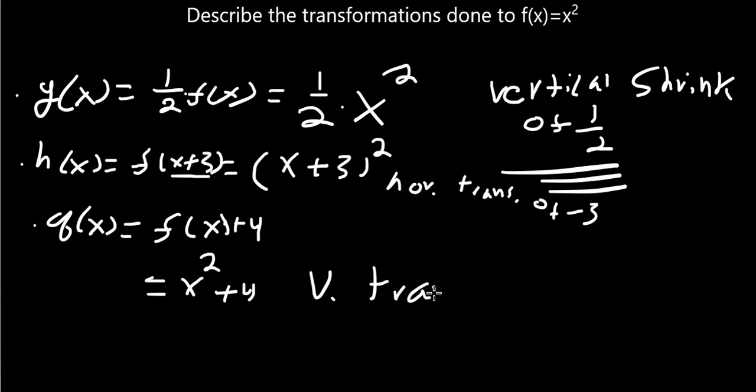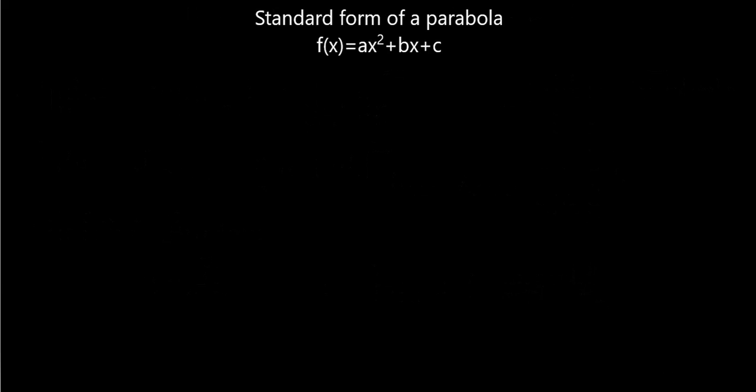The standard form of a parabola is f of x equals a times x squared plus bx plus c. This form is very useful for comparing quadratic equations and parabolas to other polynomials, and it has a couple of properties that contribute to graphs.